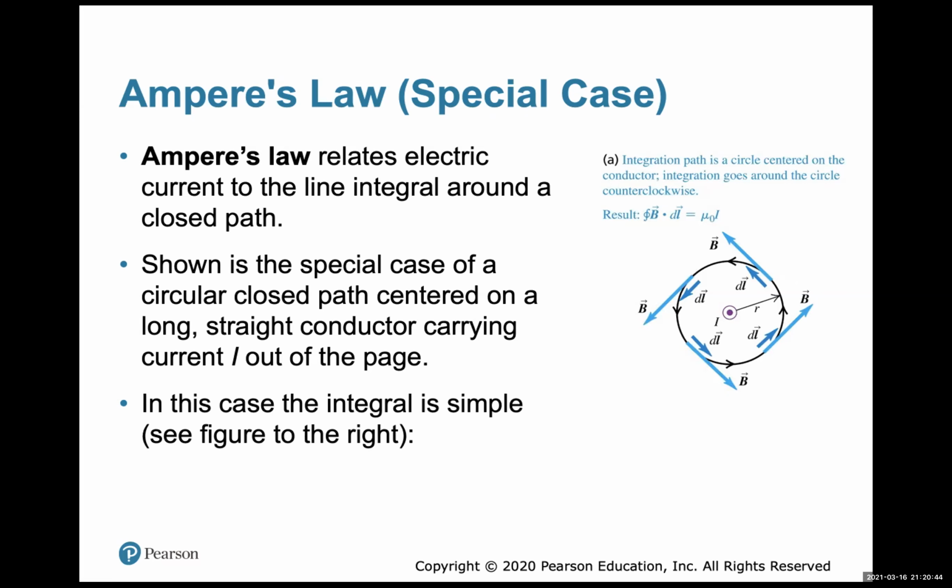I'm going to try to argue here that we're not interested in the outwardness of the magnetic field because it isn't outward. It's not radial. It's tangential everywhere.